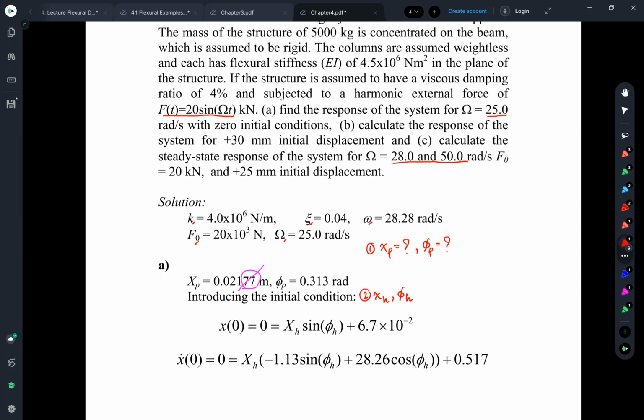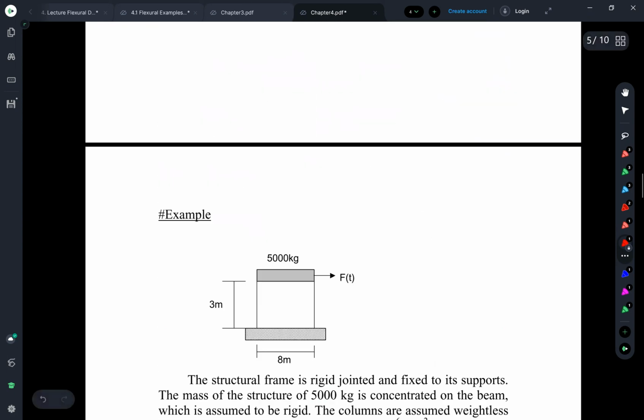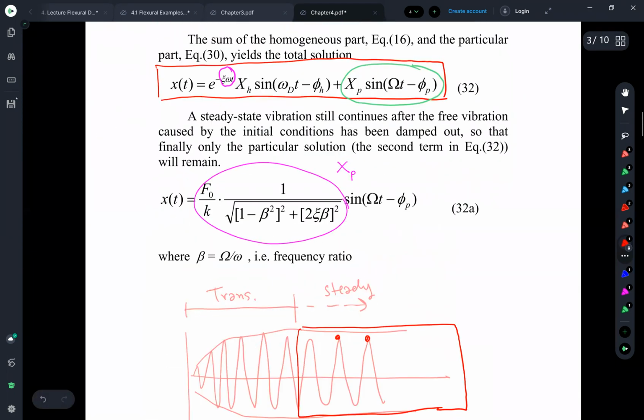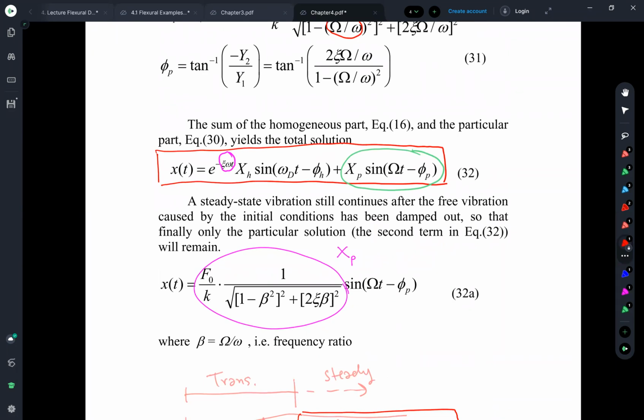Because remember the total solution contains two terms, as in equation number 32. When we obtain the particular solution, the second term of 32, I never said in any condition before that the second term of xp, the green color, will be zero when time equals zero. We never said so before.